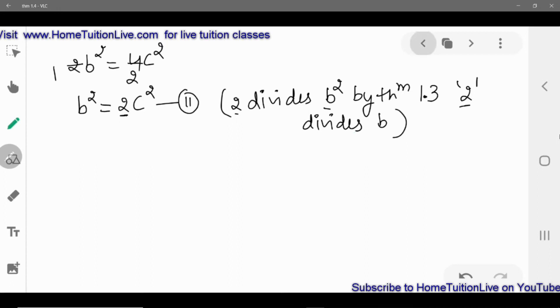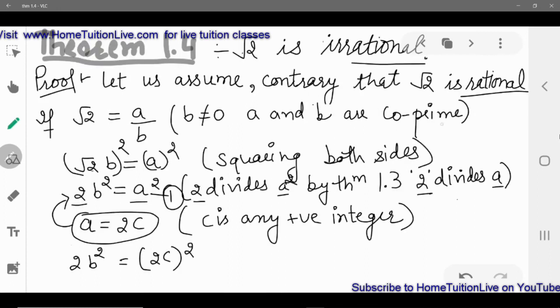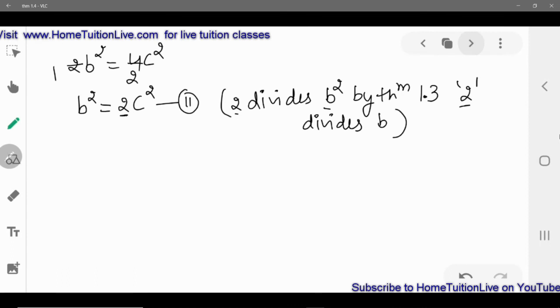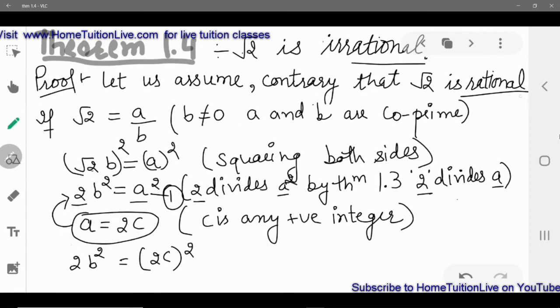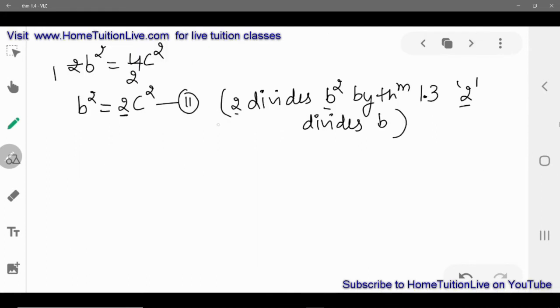But we took a and b as co-prime numbers, so a contradiction arises. And this contradiction arises because we took root 2 as a rational number, and that is what we have to prove. So how will we write this?